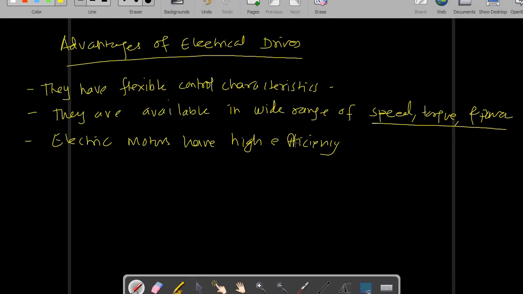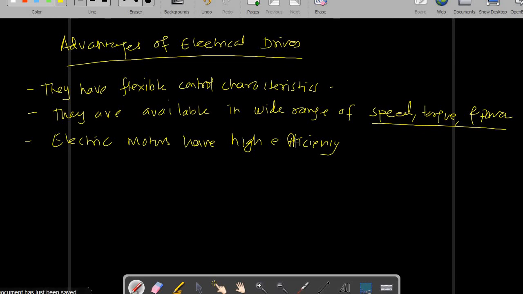Because there are very low no load losses and considerable short time overloading capacity. As there are low losses, efficiency is obviously high, and motors can be made in a variety of designs to make them compatible with the load. So they can be made compatible with the load because the motors can also be designed properly.